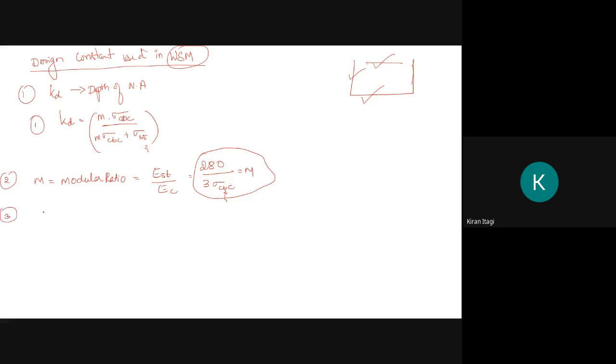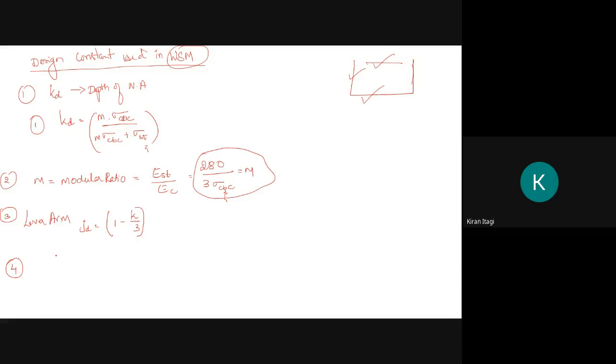After getting that, we need the lever arm. You can call it J or JD, which is given by 1 minus K upon 3. What is K? K is the depth of the neutral axis.